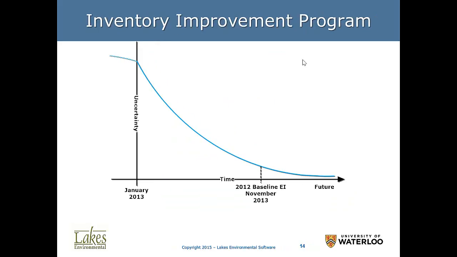And as you can see, this is the uncertainty when we do the first step in an emissions inventory. And as we progress, we're going to reduce the uncertainty, because at first we will not have a lot of data. So we need to use judgment of what they are. And as we get more and more data, for example, what is the actual consumption of fuel oil in a boiler, that improves our estimates.